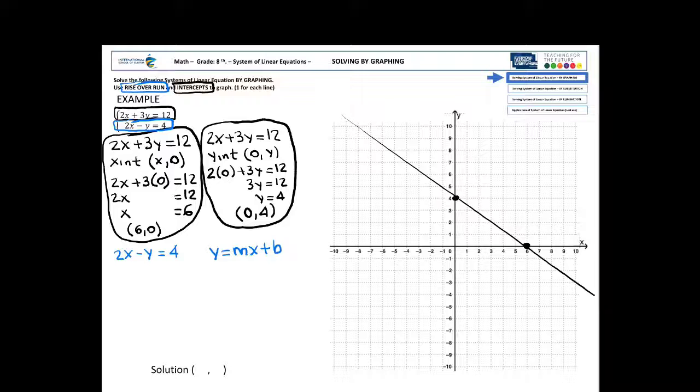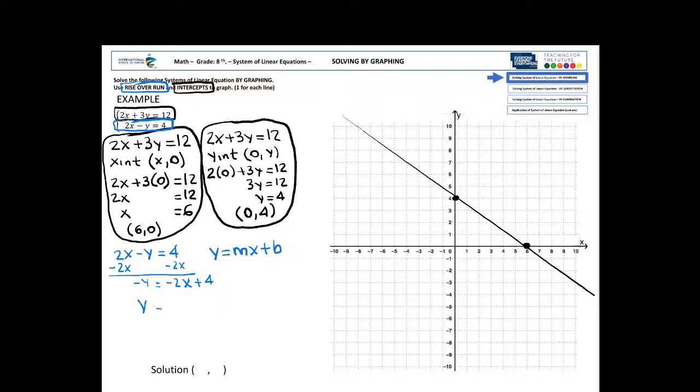So in order to get y by itself, I will subtract 2x from this side and 2x from this side. Now I get negative y equals negative 2x plus 4. And to get y positive, because y must be positive, I will multiply all these terms by -1.